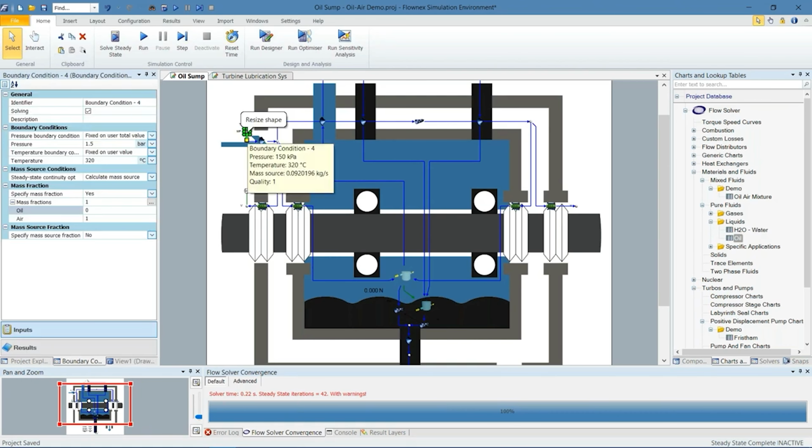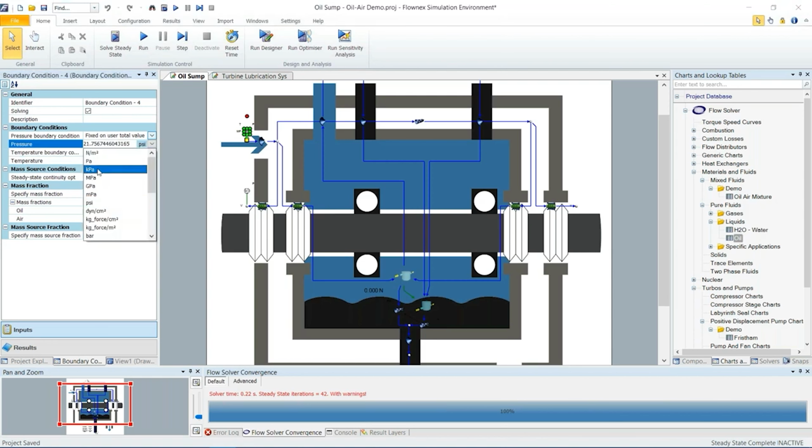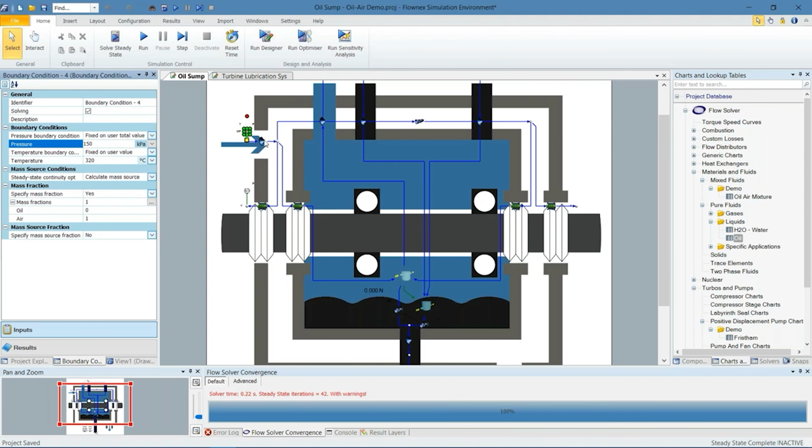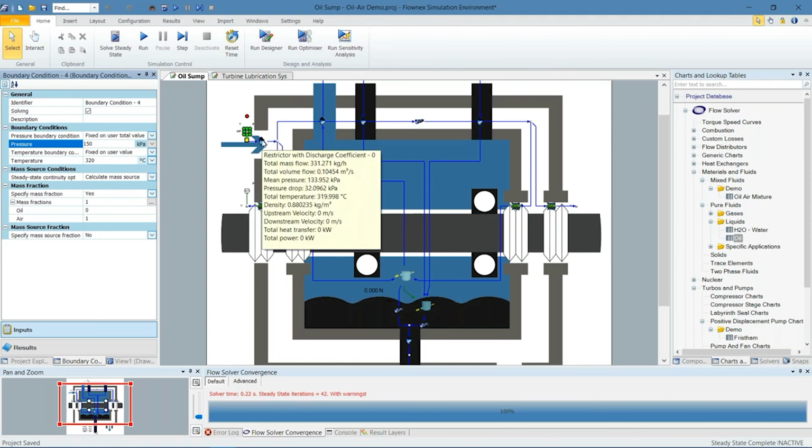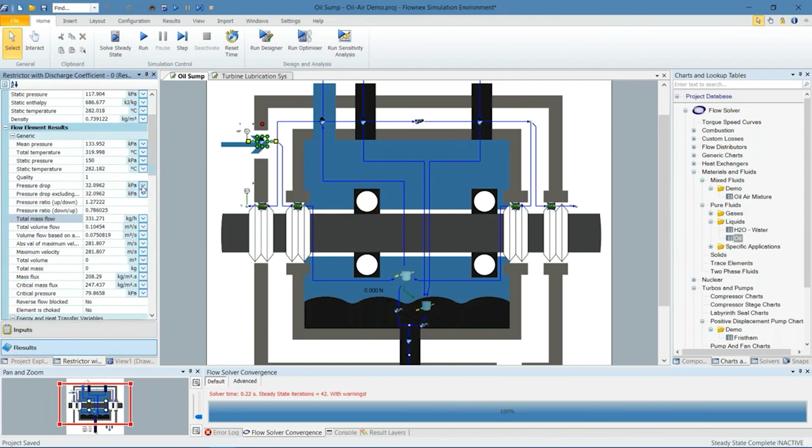I've used typical values for temperatures and pressures. These are not very accurate values, but they're in the right area. So in imperial units, this is around 600 Fahrenheit and around 21 psi, 22 psi. And the flow that we're seeing over here in terms of air is about 331 kilograms per hour.